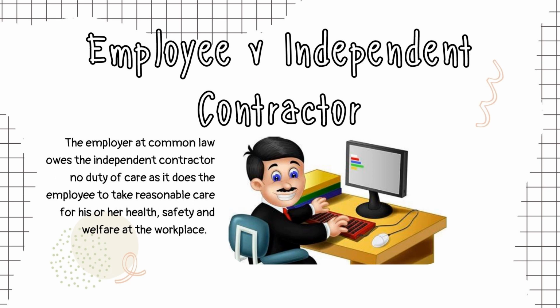The employer at common law owes the independent contractor no duty of care, zero, none. But he does owe that duty of care to the employee. He has to take reasonable care for the employee's health, safety, and welfare at the workplace. This would come under employer's liability, and I'm going to do that in another video.